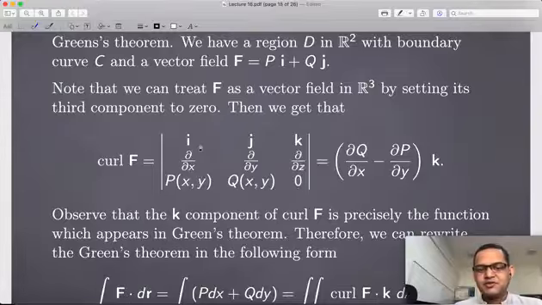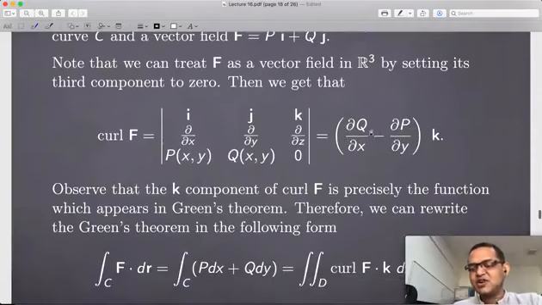So there is not going to be any component with respect to i and j, because the column corresponding to k basically makes them 0, isn't it? So all we are going to get is a term which corresponds to the k vector, which is going to be del by del x of this, which is this, and then del by del y of p, which is this. So curl f is precisely this quantity.